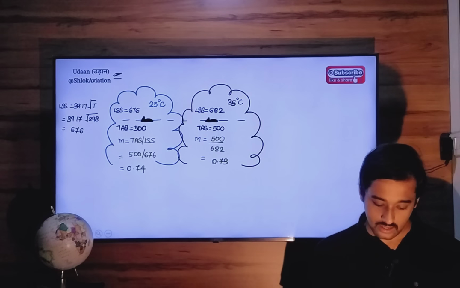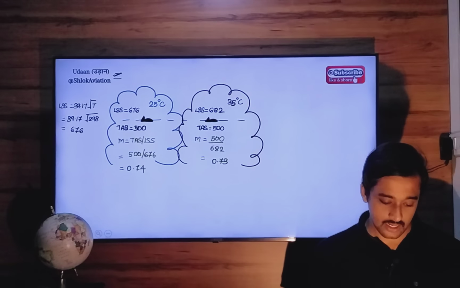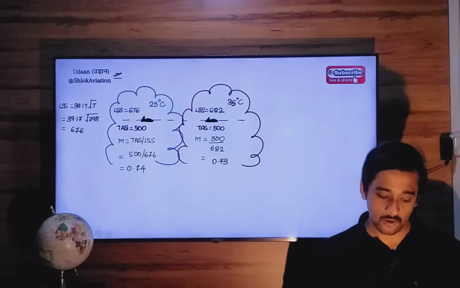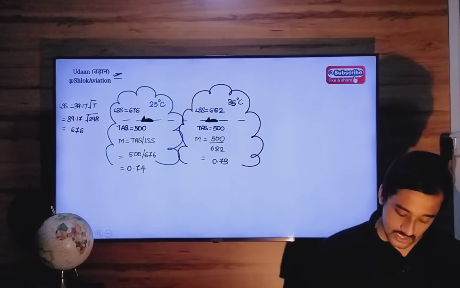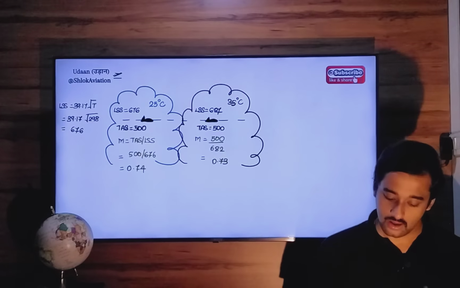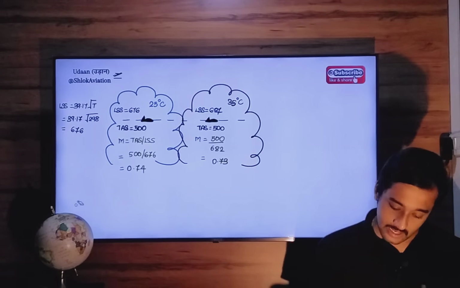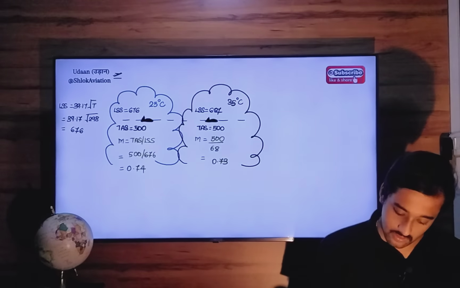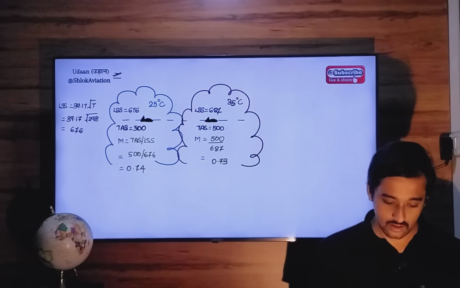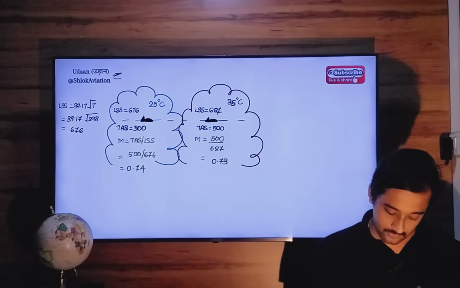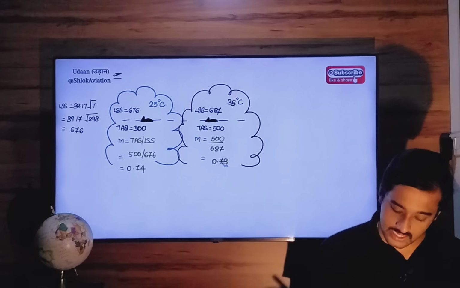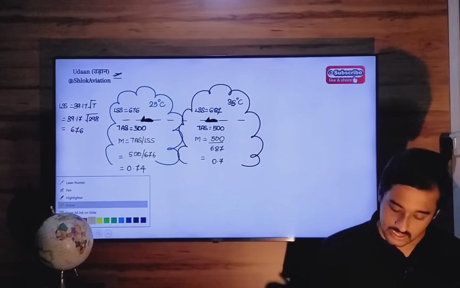The square root of 308 multiplied by 39.17 gives a local speed of sound of 687 knots. So Mach number will be 500 divided by 687, which is 0.727. Approximately 0.73, or let's say 0.72.